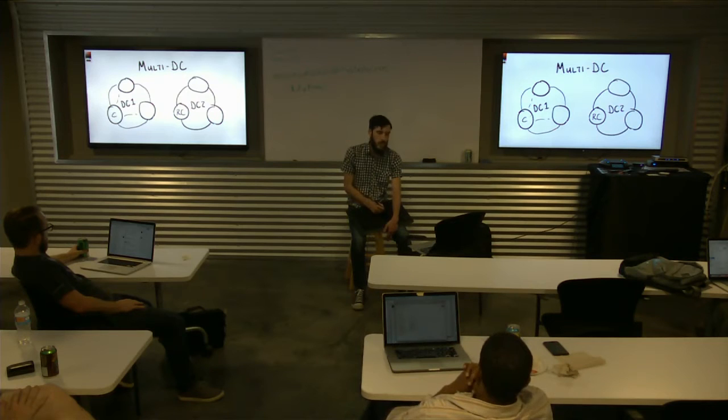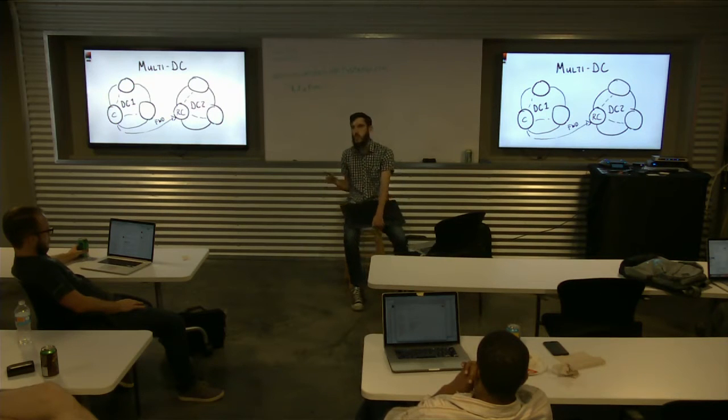So instead of sending the write directly to all of the replicas in the remote data center, it sends a special forward message to this node, which basically lets it know that it needs to send the write along to the replicas in the other data center as well.